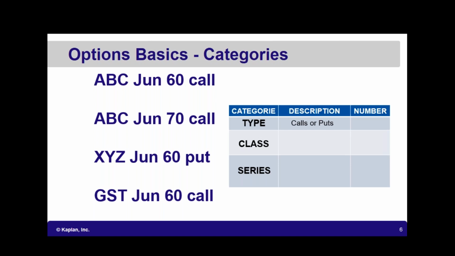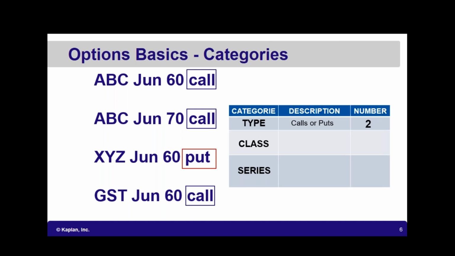So going back to the 4 option contracts, I have an ABC call, another ABC call, and it looks like we have a call down at the bottom. So we have 3 out of the 4 are call options. But look, we've got a put option here also. So looking at the 4 option contracts, it looks like we have 2 different types of options represented.